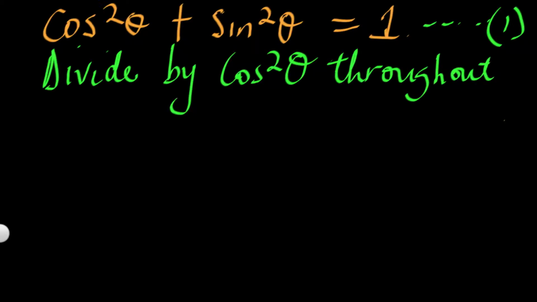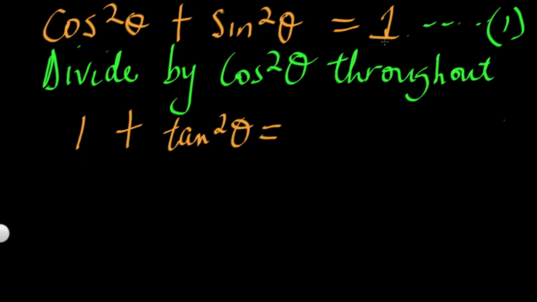If I divide cos squared theta by cos squared theta, I get 1. If I divide sine squared theta by cos squared theta, we know that sine over cos is tan. Therefore, this will be plus tan squared theta.